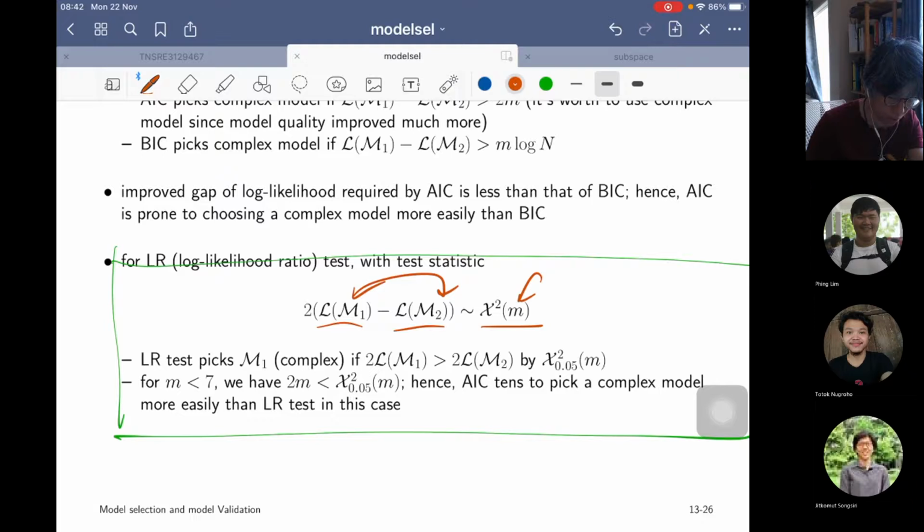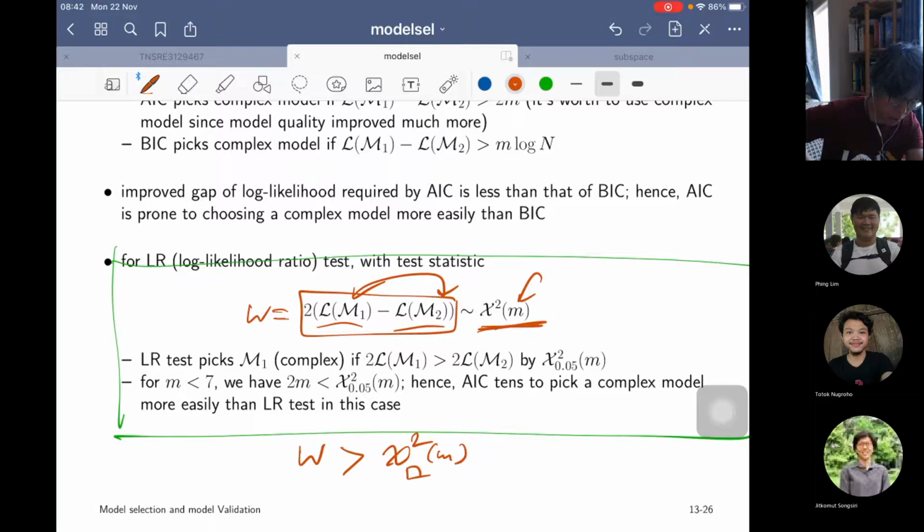Okay, so in this log likelihood ratio test, this quantity we call the test statistic. If the test statistic is bigger than the critical value obtained from the chi-square distribution, you will reject the null hypothesis, and the null hypothesis is that you assume a simpler model.